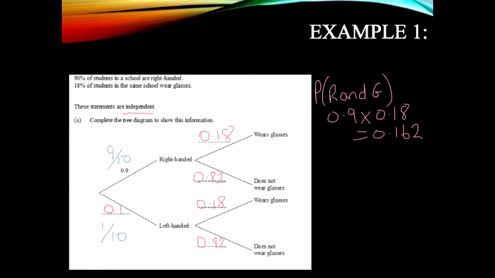Let's see what the probability of right-handed and not wearing glasses is. So I'm going to put and not G, and we can use a special little bit of notation here, G dash. It just means not wearing the glasses. Let's do 0.9 multiplied by 0.82.